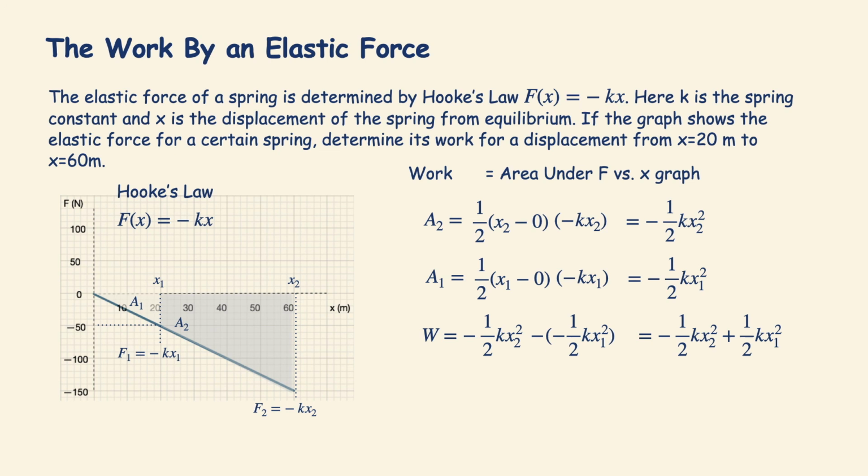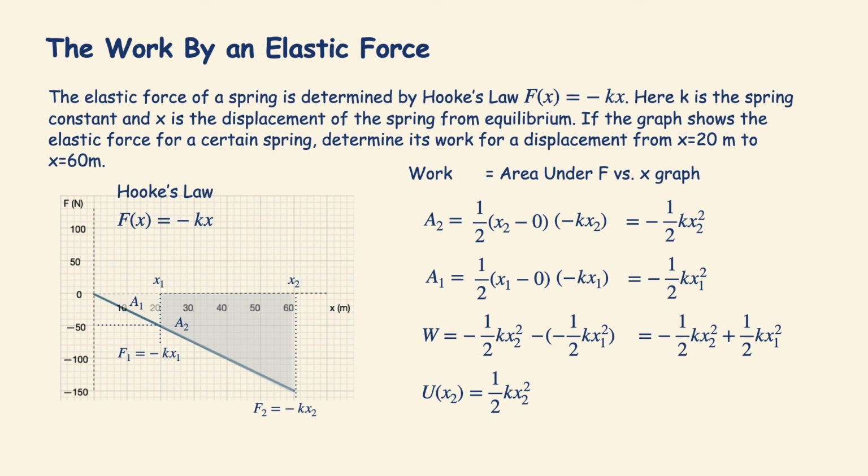Does that expression look familiar to you? We have seen a similar function that goes by 1/2 kx squared in the past examples. That was when we calculated the potential energy associated with the elastic force of a spring. Back then in those examples, we used for the potential energy the formula 1/2 kx squared.